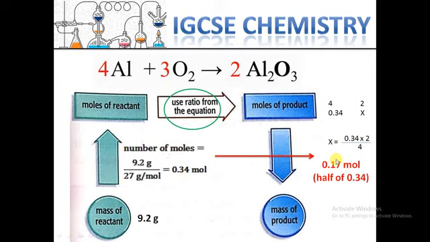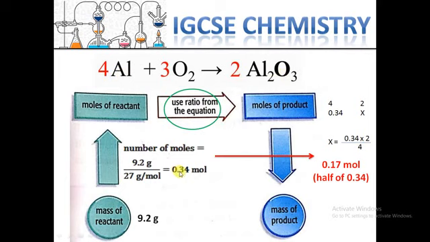This is simple, but I wrote this equation so that you can use it for another type of question which is complicated, which has complicated values. So we reach 0.17 mole for the number of moles of product. That means if we have 4 aluminum, we can get 2 mole aluminum oxide.